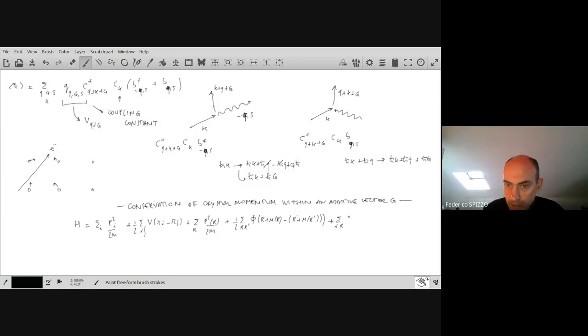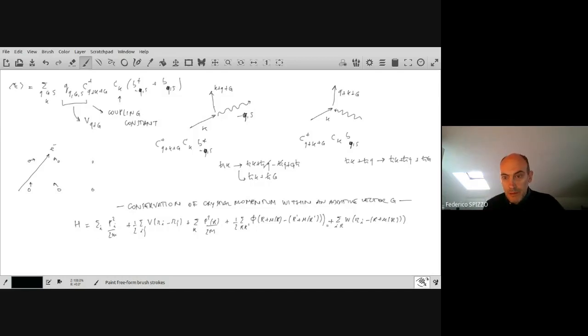We're supposed to have this interaction. For the moment, I just write W. So here we have to consider the coordinate of one electron and the coordinate of the ion, considering also the displacement due to the fact that we consider the non-static approximation.